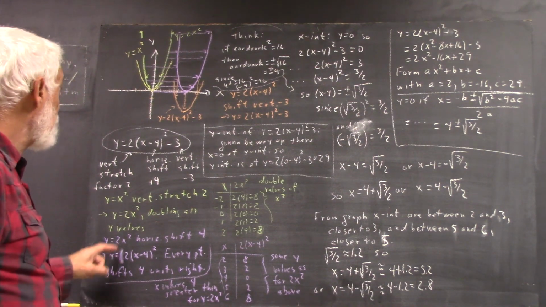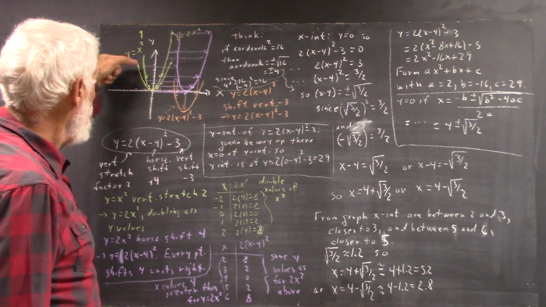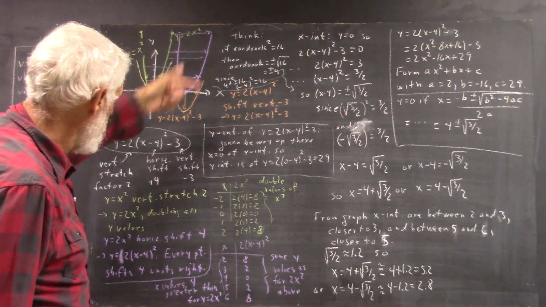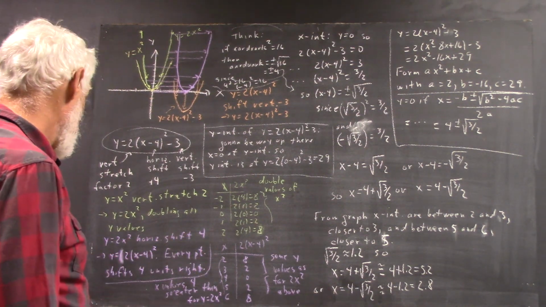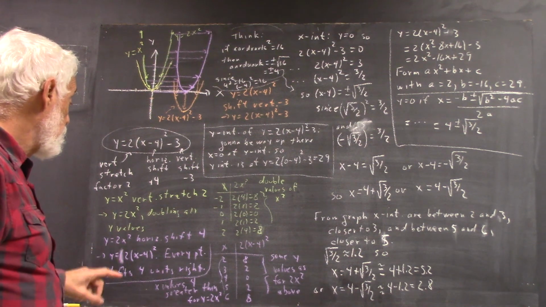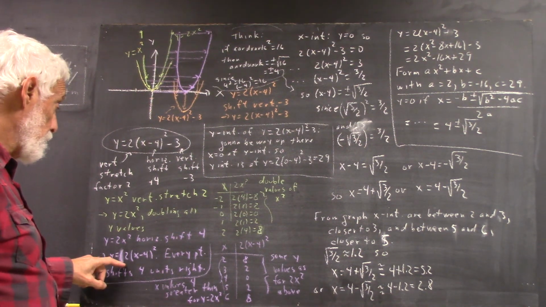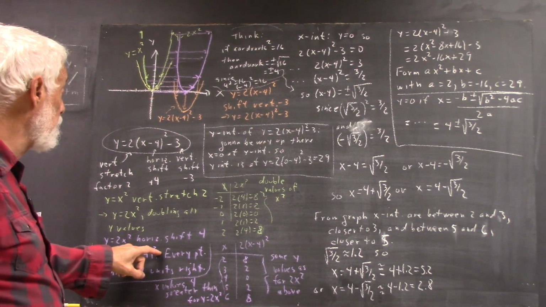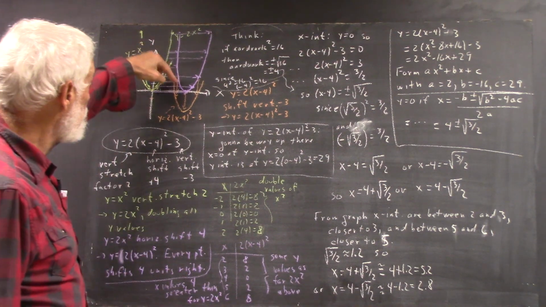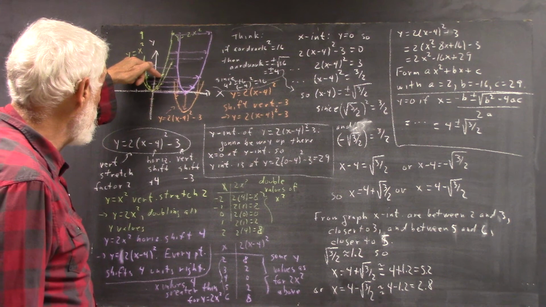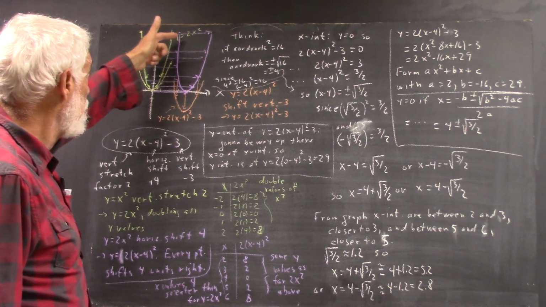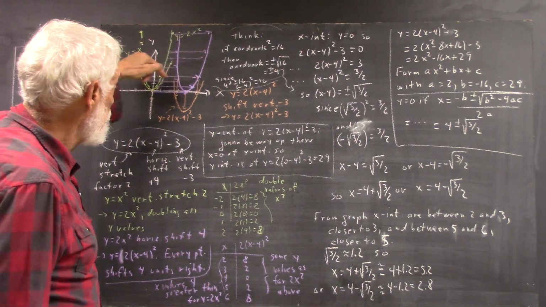Then we take the y equals 2x squared graph and we shift every point 4 units to the right, because our horizontal shift is 4 units. And our 2x squared graph then transforms into the 2 times the quantity x minus 4 squared graph, the purple graph you see here. And you see these arrows going from points of the green graph, the 2x squared graph, over to the purple graph.